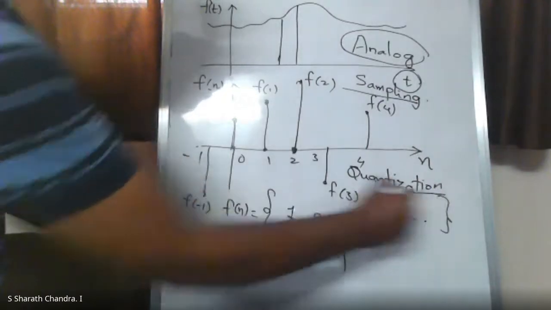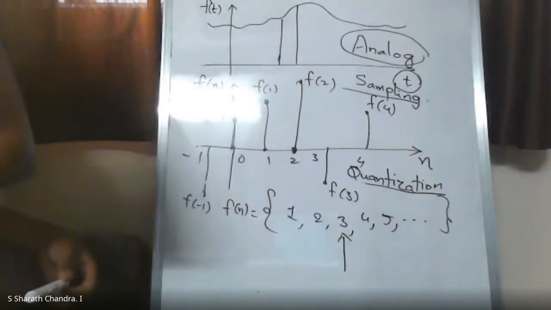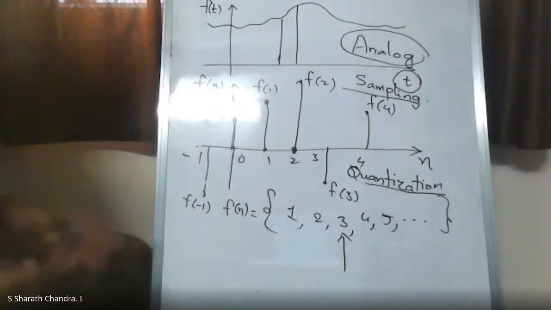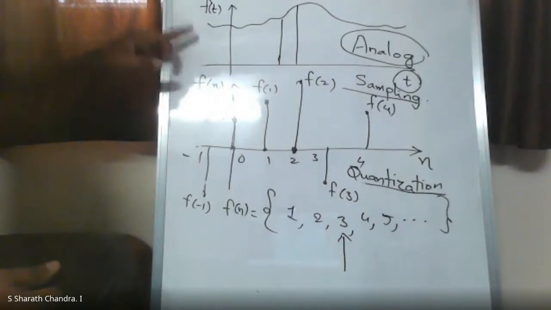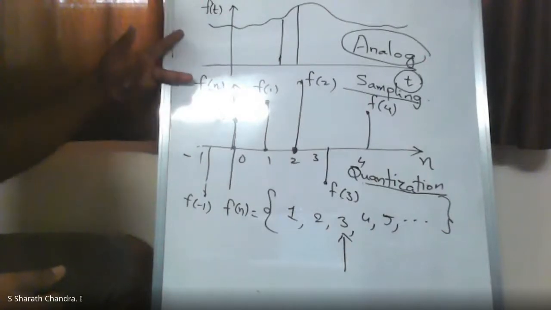Quantization is the process of rounding of the amplitudes to nearest integer values instead of representing them with real numbers, whereas sampling is the process of converting a continuous time signal into a discrete time signal. Now we have clearly seen the difference between a continuous time signal, a discrete time signal, and what an analog signal is.